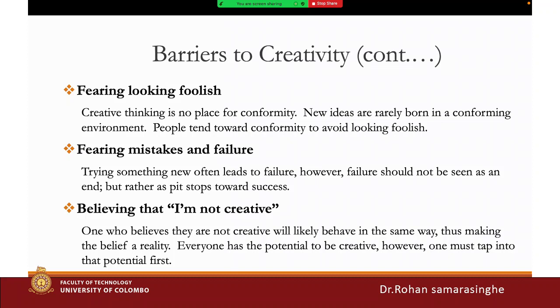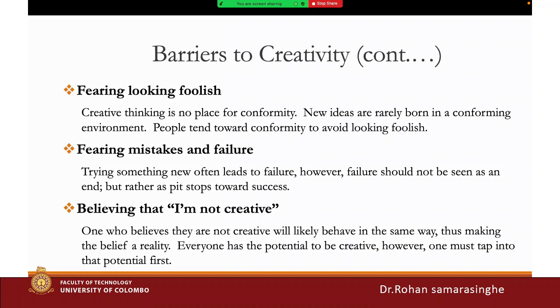Another barrier is believing that I am not creative. Most students, as well as other people, have this belief: I am not creative, I don't have creative ideas. Don't think like that. I recently read a book about innovation.